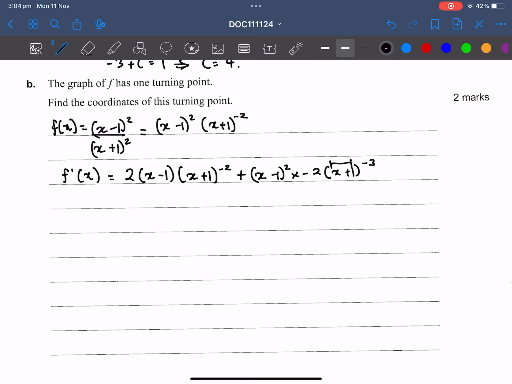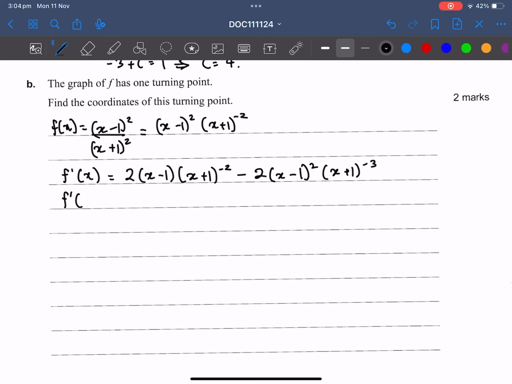Again, we differentiate the inside, but it's just 1, so not going to write that down. Okay, we can actually write this as minus 2(x minus 1) whole squared times (x plus 1) to the power of minus 3. I think that's all correct.